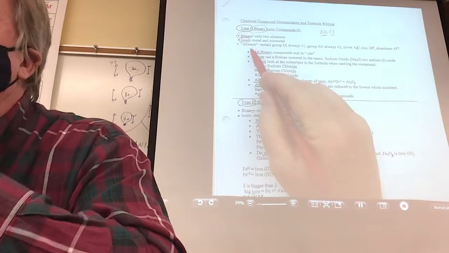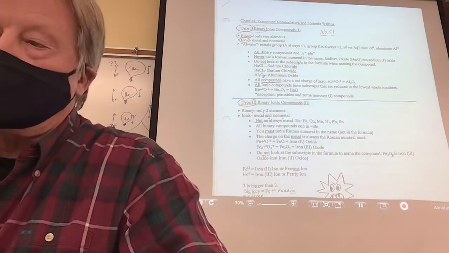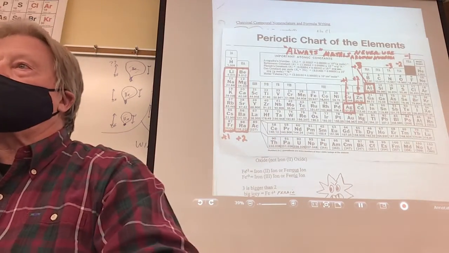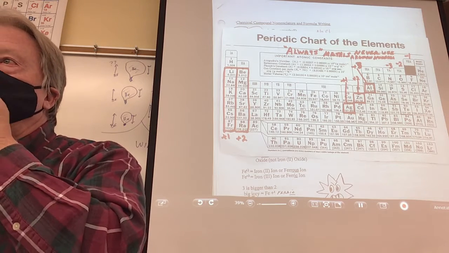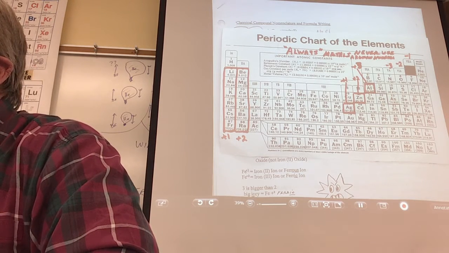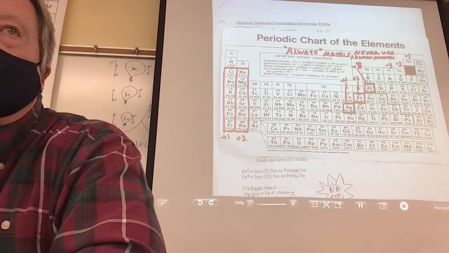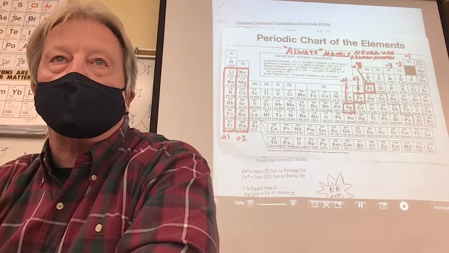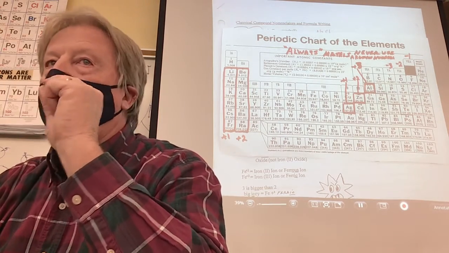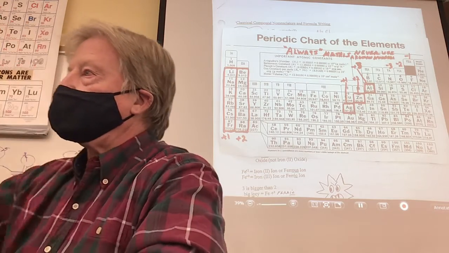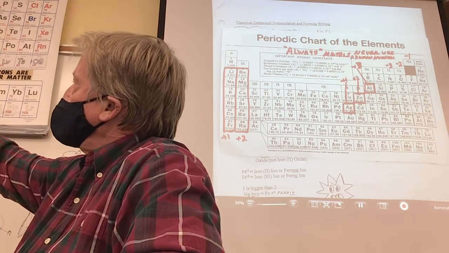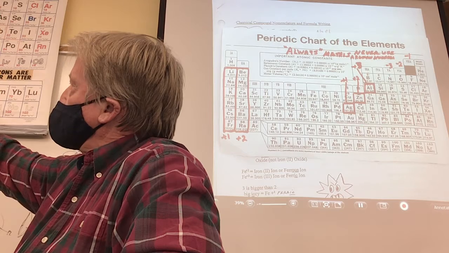Okay. Do you contain an always metal? Which ones are the always metals? Now, even though we did this about 6 or 7 times before Christmas break, let's do it again. Which ones are the always metals? That means in a compound, they will always have the same charge. Which ones are always? Group 1A. See that 1A?